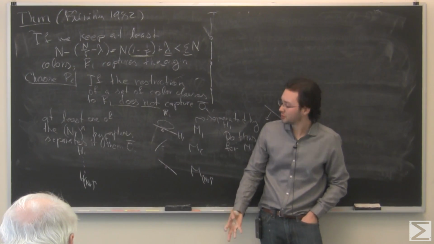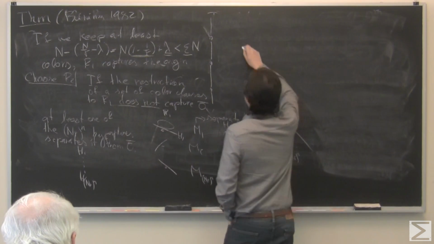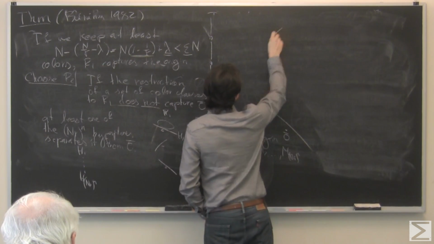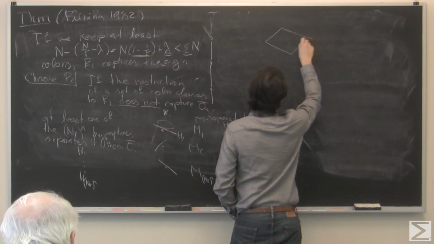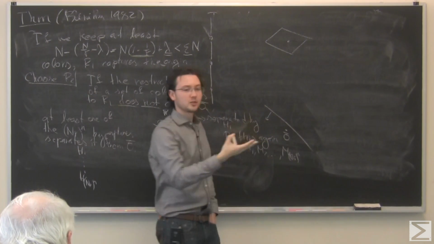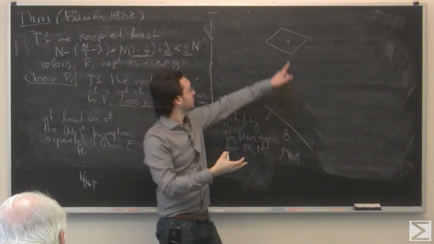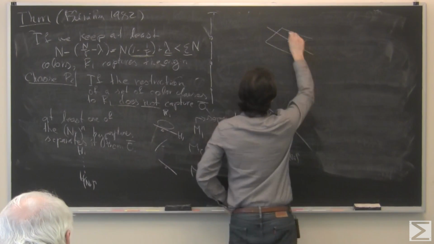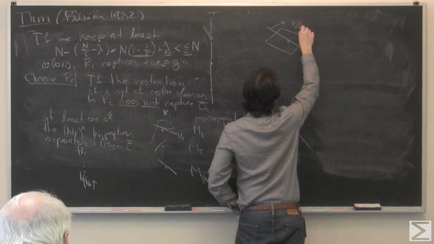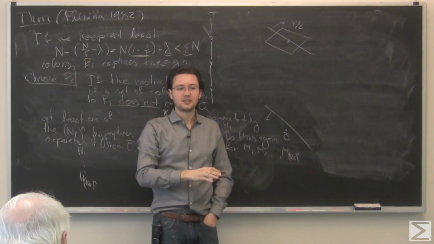But so what's going on here? If I give you a set of R points capturing the origin, and I take a random hyperplane around the origin, I should expect R over 2 of the points on that side, right?